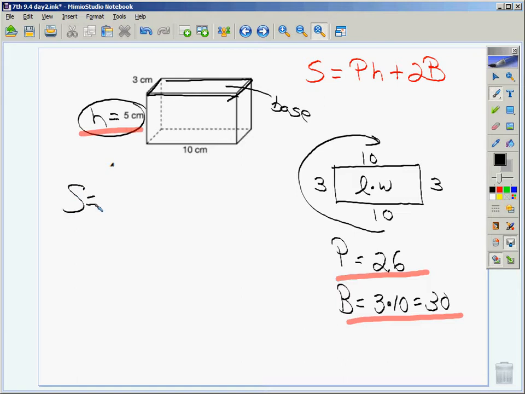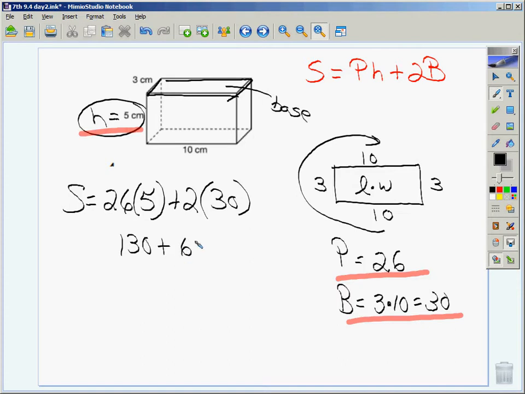S equals 26 times 5 plus 2 times 30. 26 times 5, 130. 2 times 30, 60. Add the 2 together. 190. Oh, it's in centimeters, so my answer is in centimeters squared.